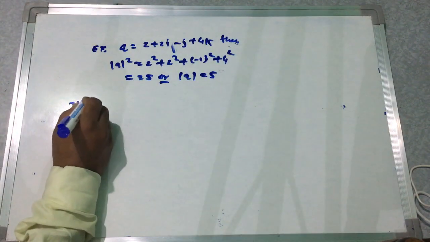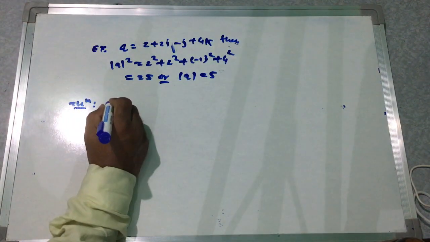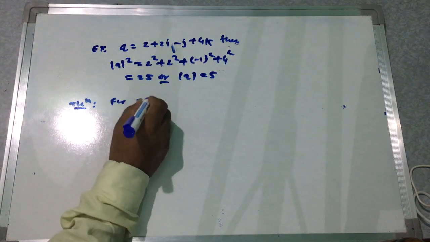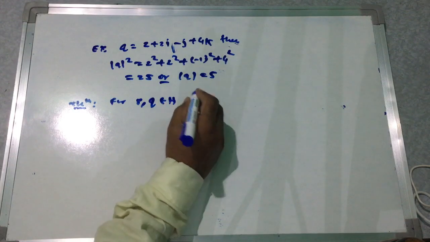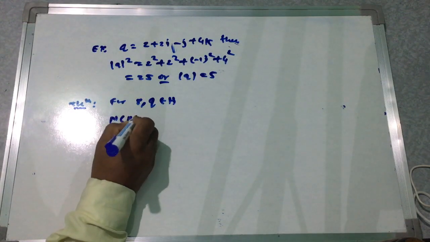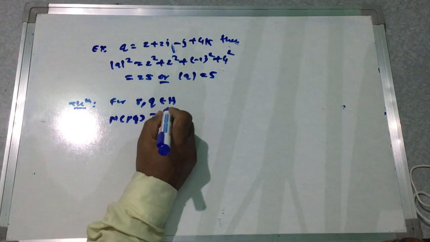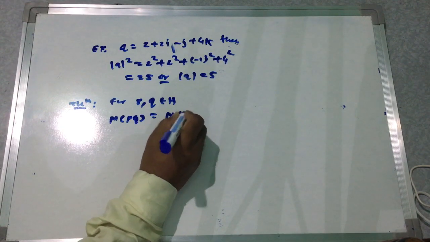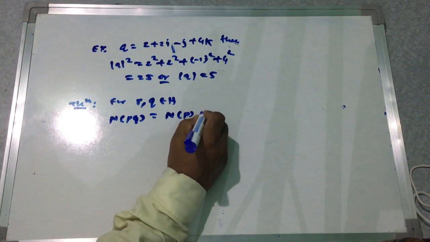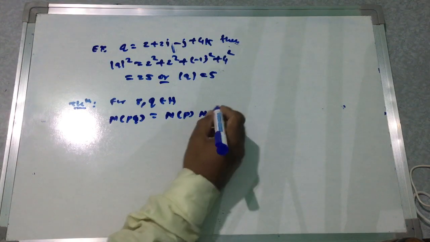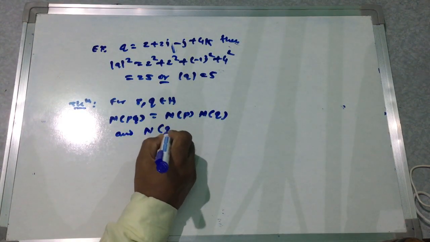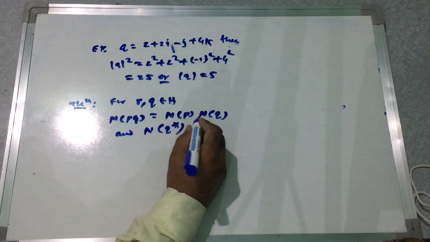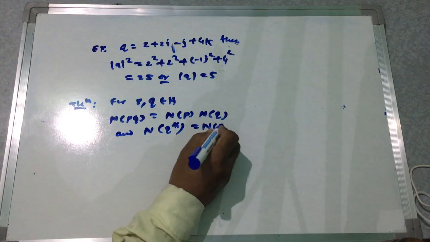Then the theorem is given again: for p, q belongs to H, n of pq is equal to n of p into n of q, and n of q star is equal to n of q.